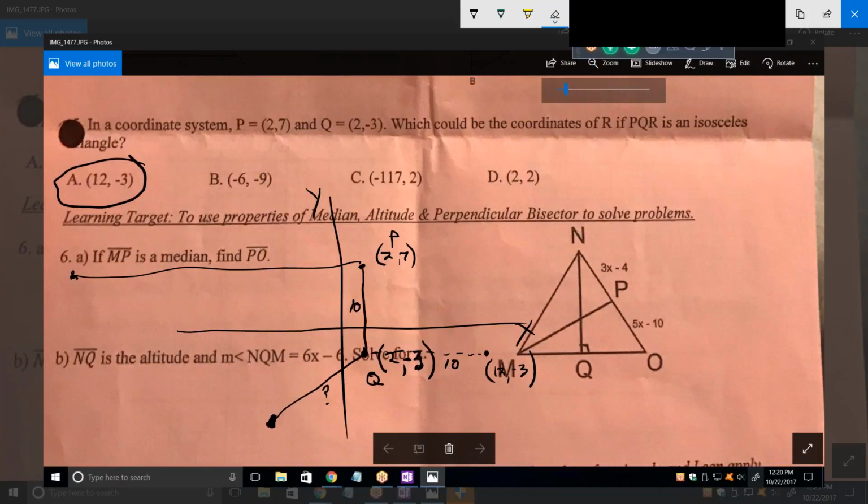It would be a right triangle, but it could not be isosceles. Sometimes right triangles can be isosceles. In other words, the very first answer where it was 12 minus 3, that is a right triangle. It just happens to be an isosceles right triangle, where it's very easy to measure both sides because they're a horizontal and a vertical line.